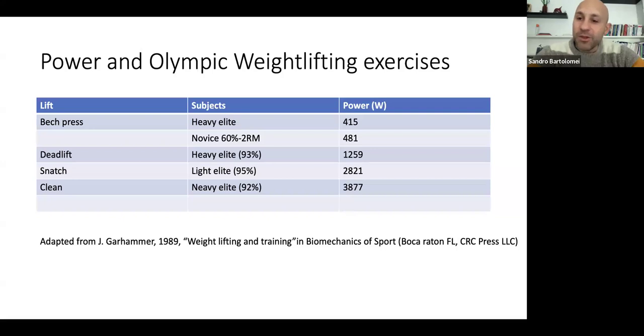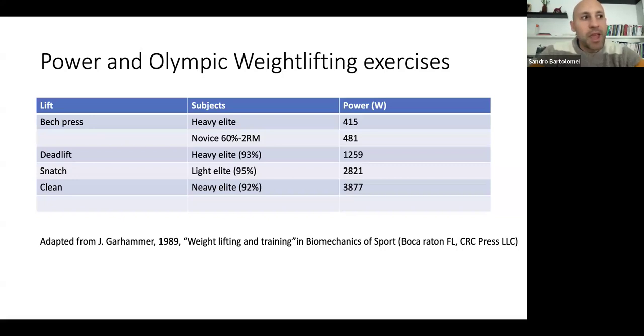However, they are optimal to stimulate power. So if you can do it using a correct technique, they are very useful. Most of the time, athletes of different sports that are not weightlifting, of course, use part of the Olympic lifts as exercises, or some portion of the entire technique.